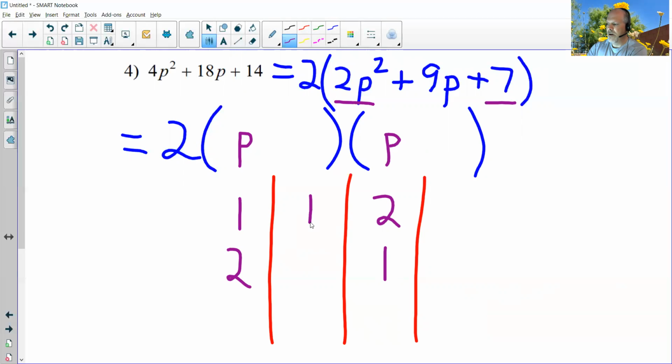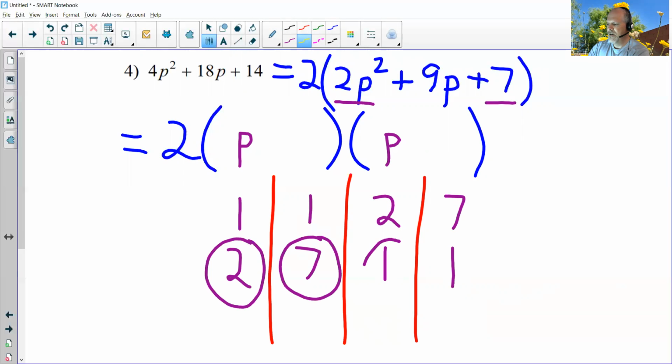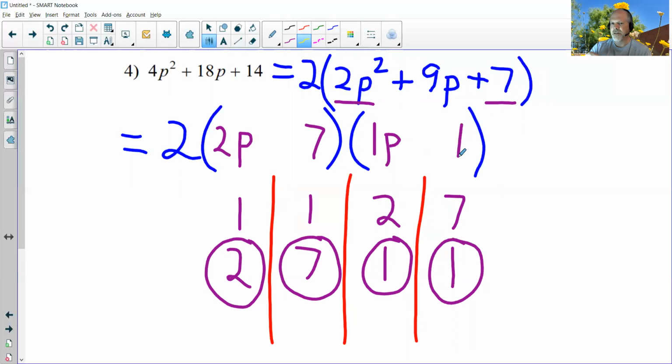That could be either 1 times 7 or 7 times 1. So if I just pick some numbers, I'm going to pick 2, 7, 1, 1, and I'm going to write them in. Let's see if it works. Let me erase the screen here to give me some room.